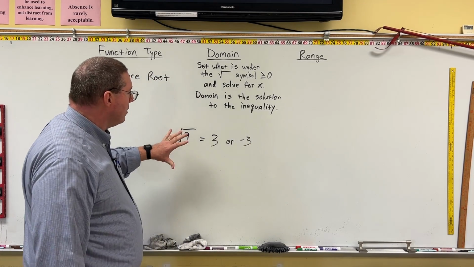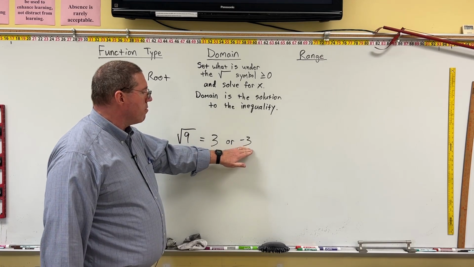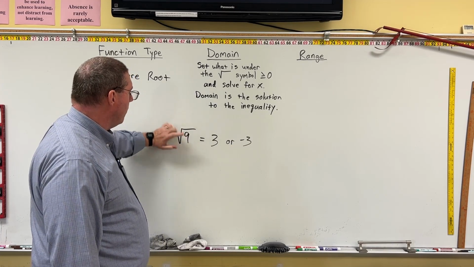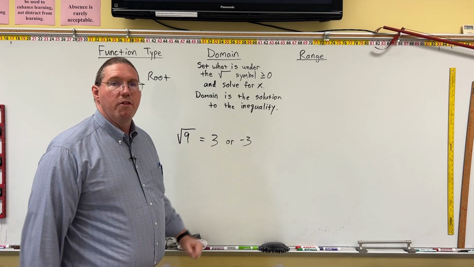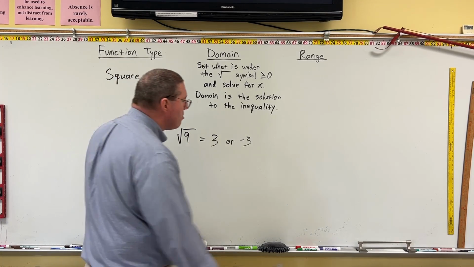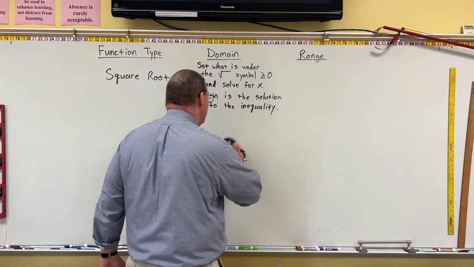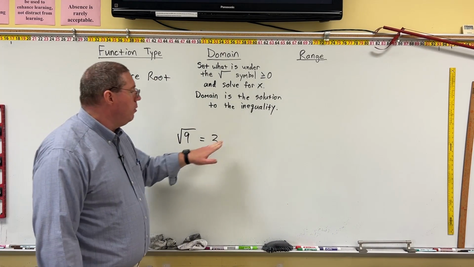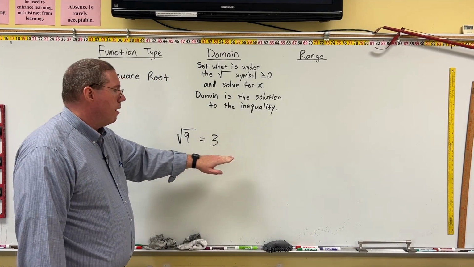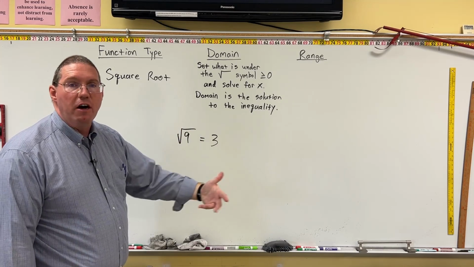Because there are two numbers that multiplied by themselves give us 9, the square root of 9 could be either one. But when we say principal square root, we only mean the positive one. If we included 3 or negative 3, then we couldn't have a function.